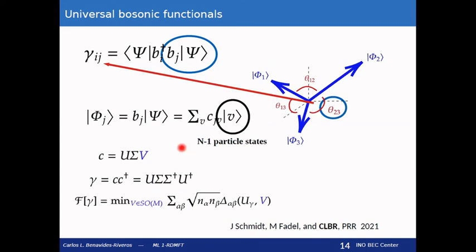And then from this ground state, you obtain the one body density matrix. This M with N minus one particles defines a subspace in the Hilbert space. If you allow rotations in this subspace, the minimum will always be attained at the correct one body density matrix. So this is the explanation of this minimization. And then the only thing you have to do is to perform the minimization in the set of orthogonal matrices.